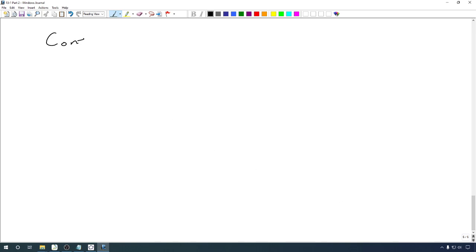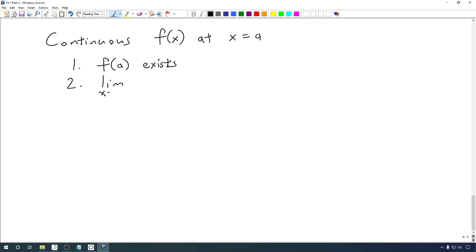Remember, continuous means that we have three things. First of all, let's say f of x is continuous at x equals a if f of a exists. The limit of our function at a exists as well.